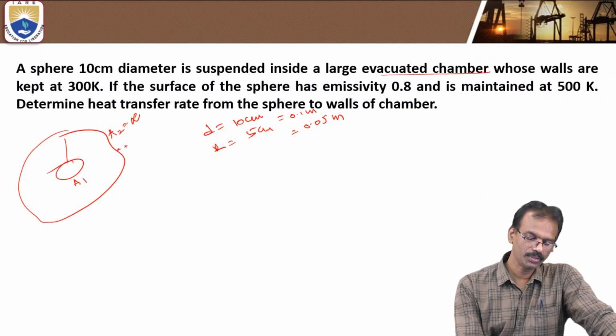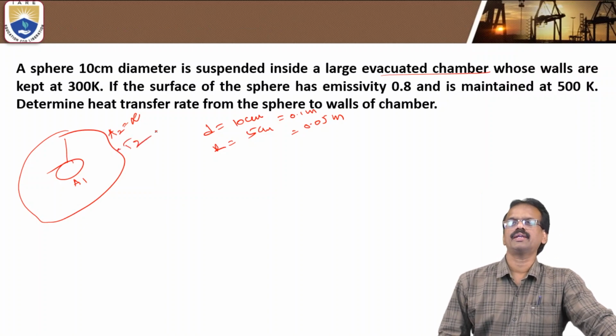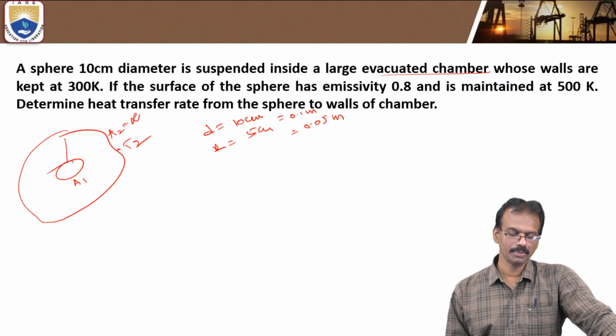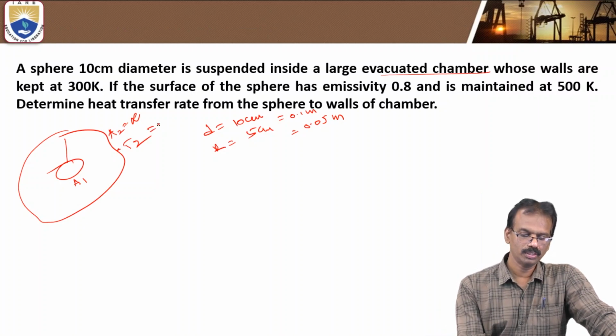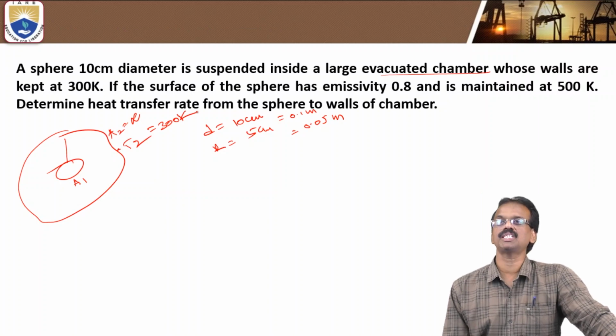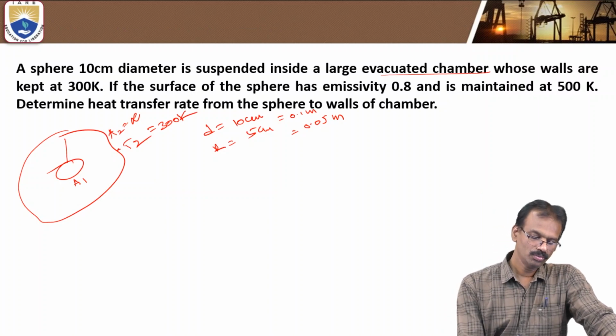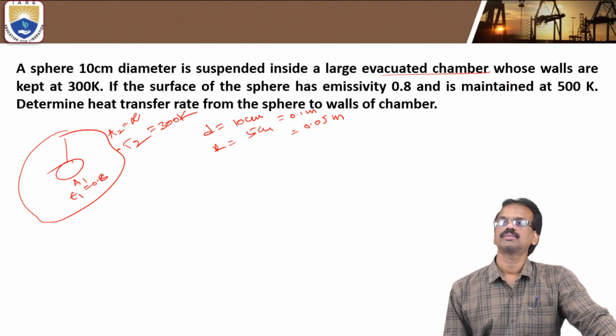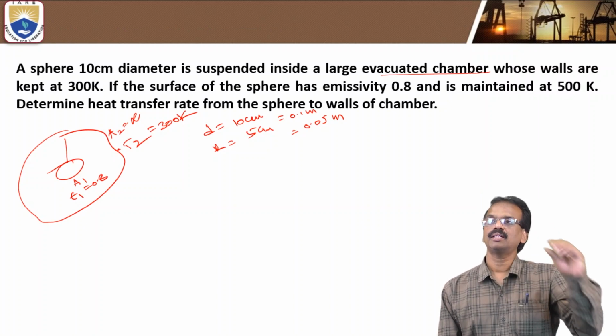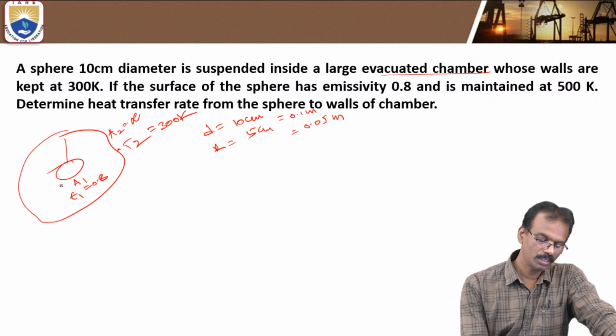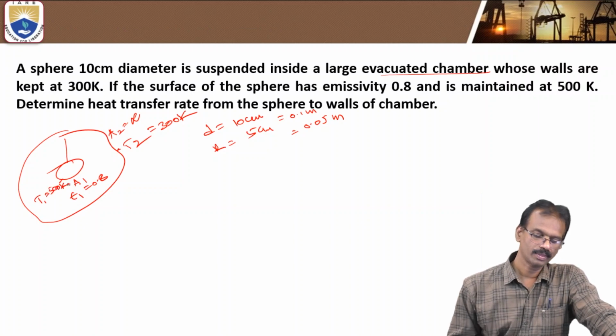So the enclosure surface temperature T2 is equal to 300 Kelvin. If the surface of the sphere has emissivity epsilon 1 equal to 0.8, which has been given, and is maintained at 500 Kelvin, so the temperature of the small body T1 is equal to 500 Kelvin.